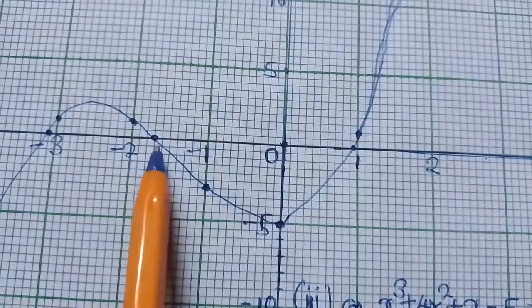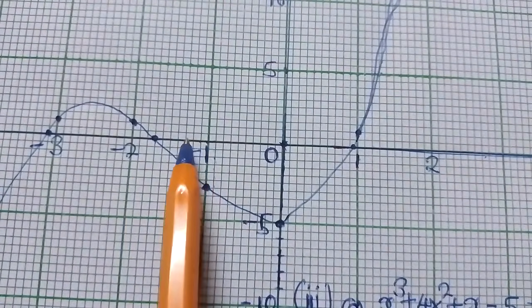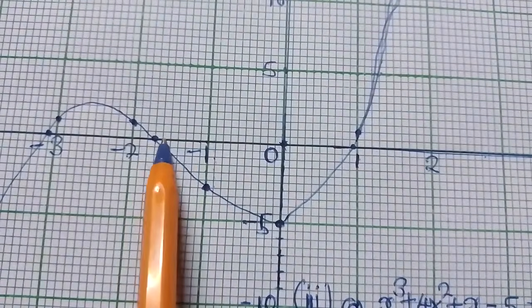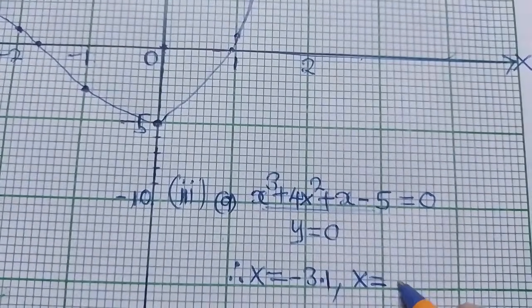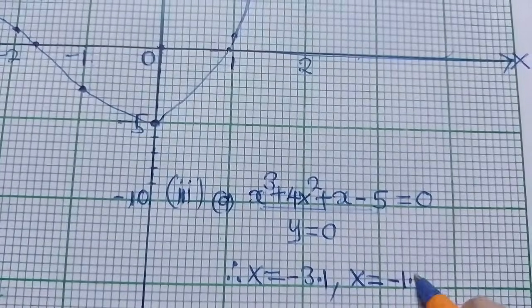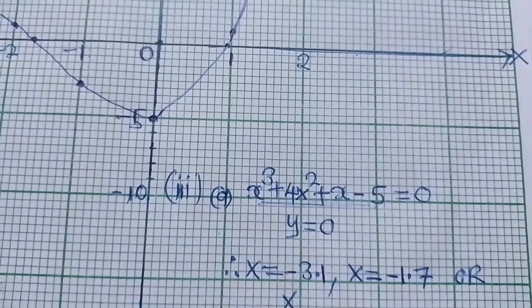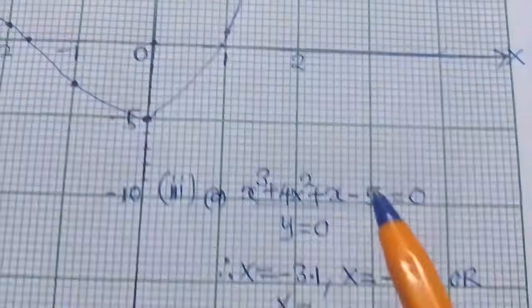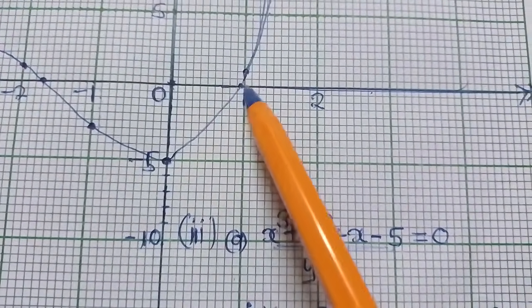It is cutting the x-axis here. So negative 1.1, 0.2, 0.3, 0.4, 0.5, 0.6, 0.7. So negative 1.7, or x is equal to, where else it is also cutting here. So this is 0.9.